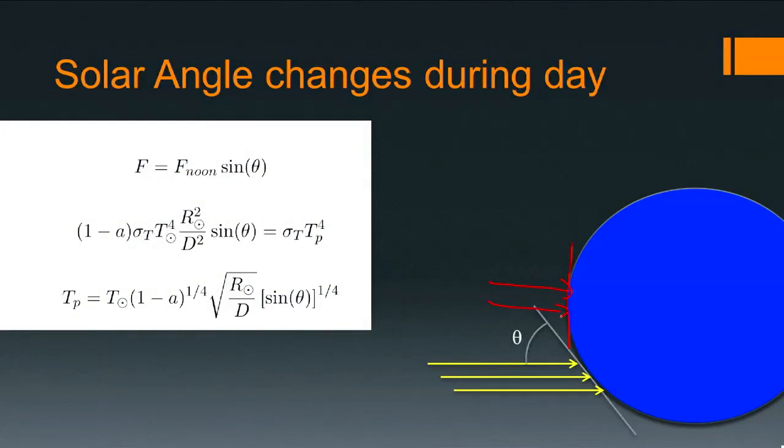As we approach dawn and dusk, you can see at dusk, there's almost no sunlight hitting. And the amount of sunlight that hits the surface is reduced by the sine of the angle. As a result, when we balance the flux instantaneously in with the flux out to solve for the planet temperature, it is reduced as a function of angle.